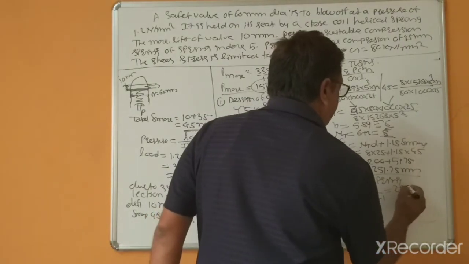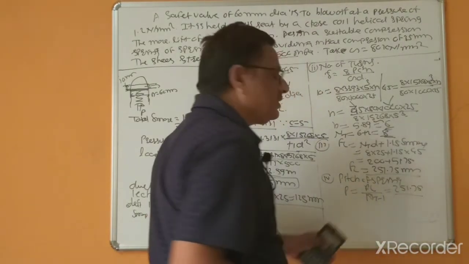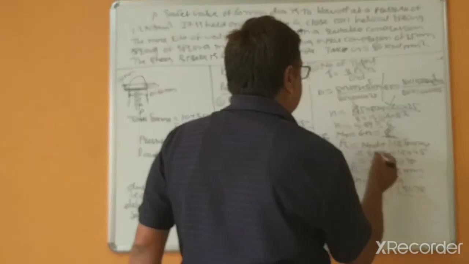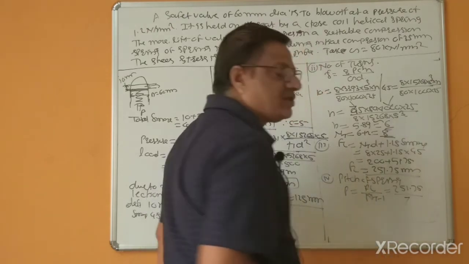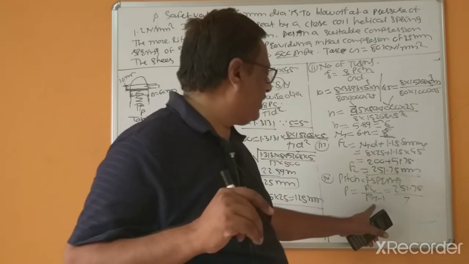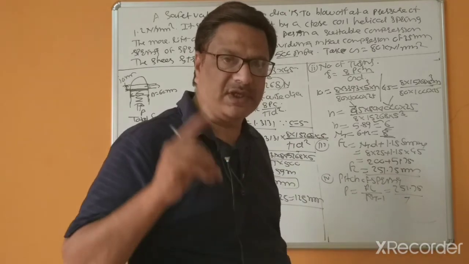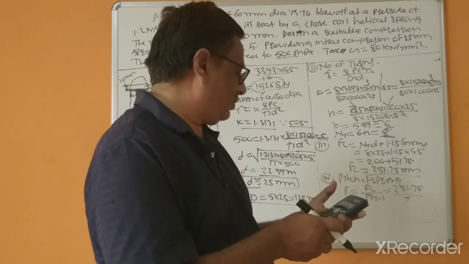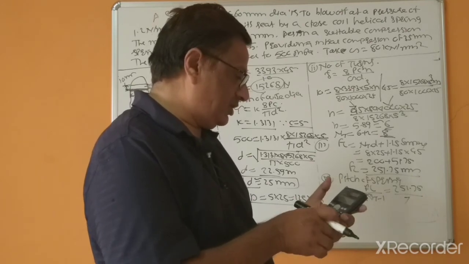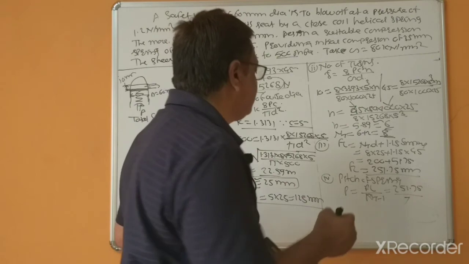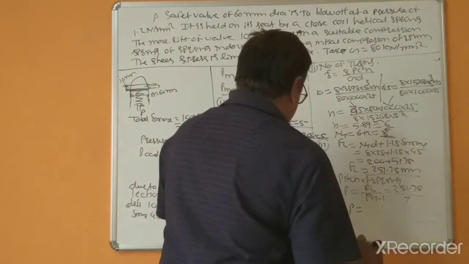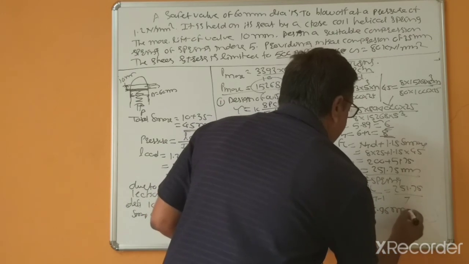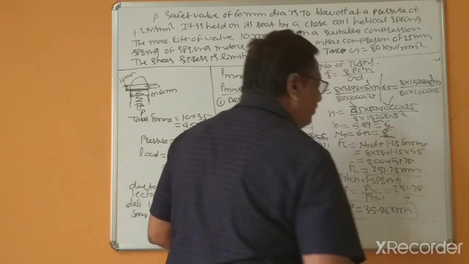This is 251.75, and I am purposefully writing it directly as 7 instead of 8 minus 1, so you can understand why it is taken. Such small things are very important for increasing your attention when solving problems. This gives 35.96 mm. So this is your required pitch.